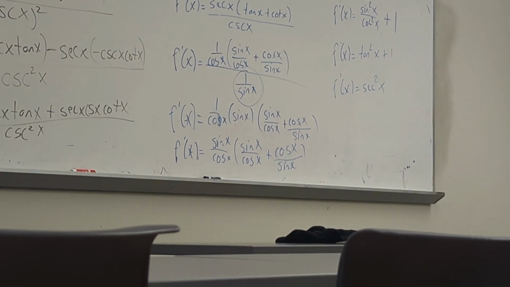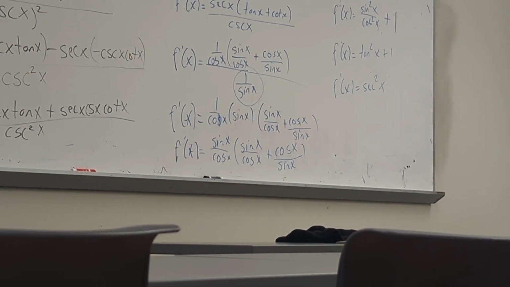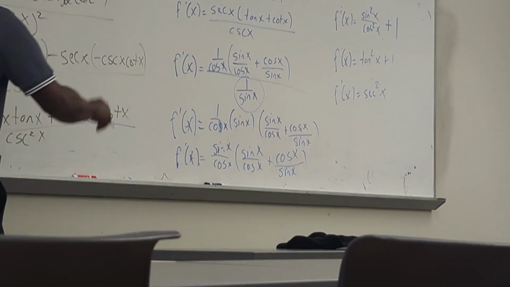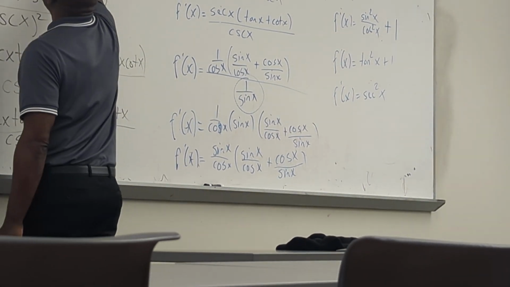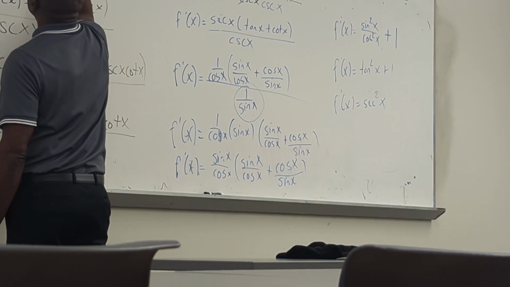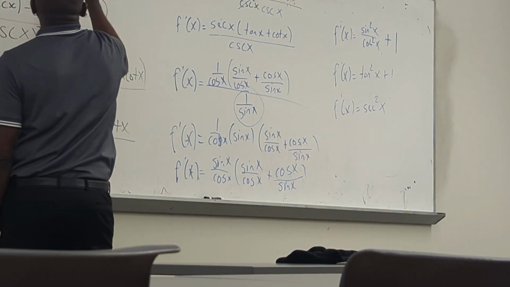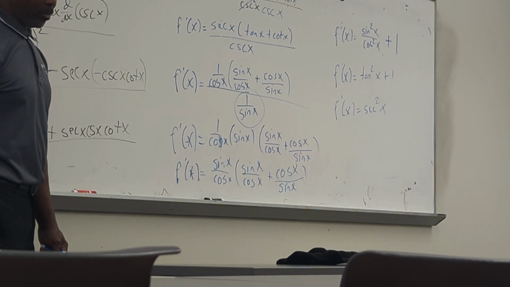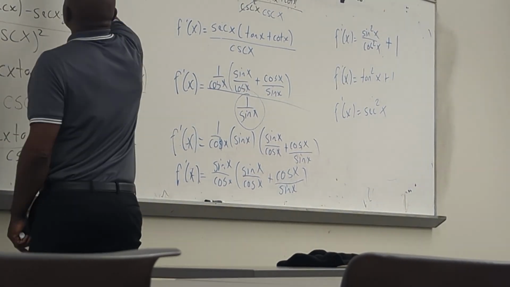Now, if my class knew that trick, y'all know that was like being 1 all over cosine x and 1 over sine x. Yes, no? And if you flip this, what do you get?